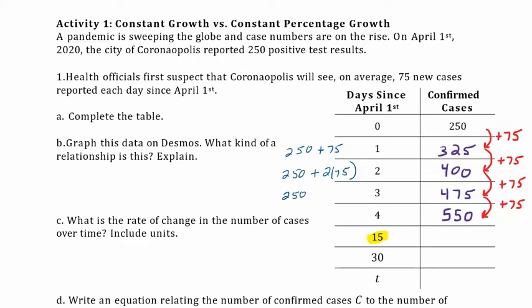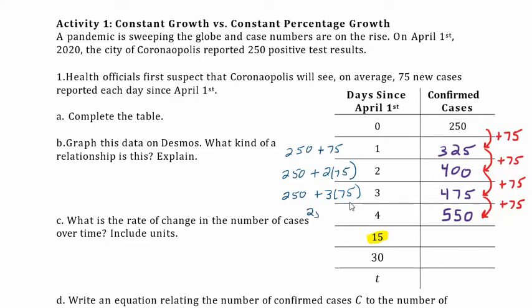Then to get to 3 days, we did 250 plus 75 plus 75 plus 75. That's 3 75s that we added on. Adding 75 3 times is the same as multiplying 3 times 75. Repeated addition, that's how you get multiplication.